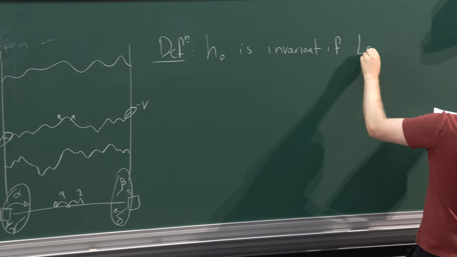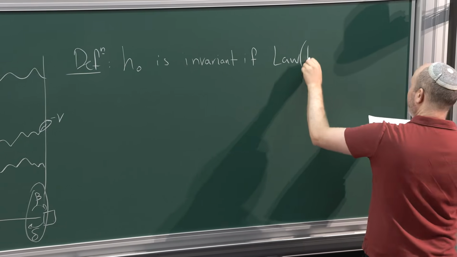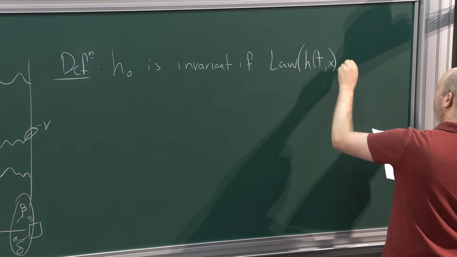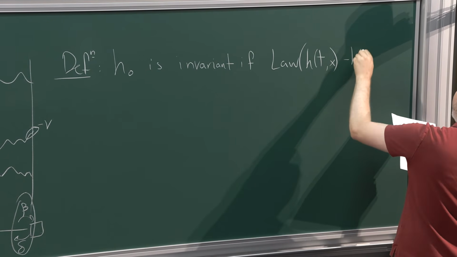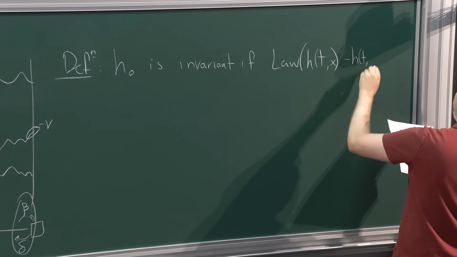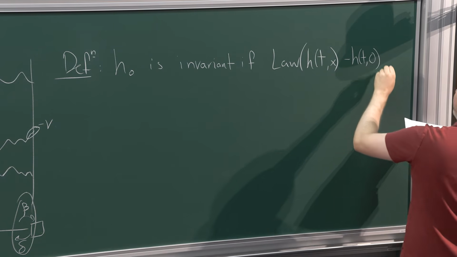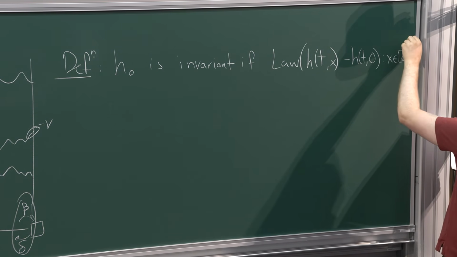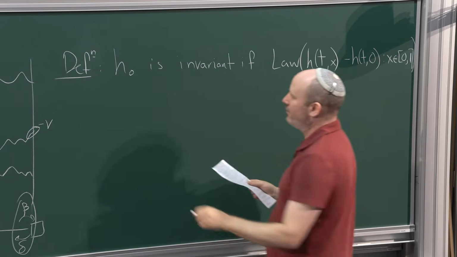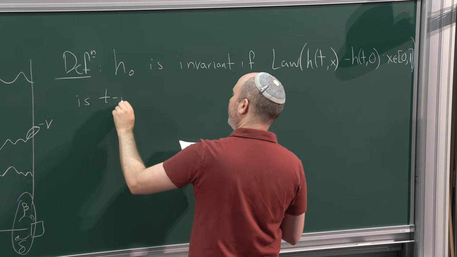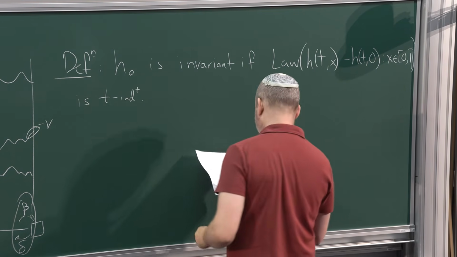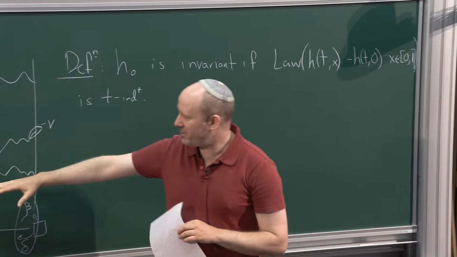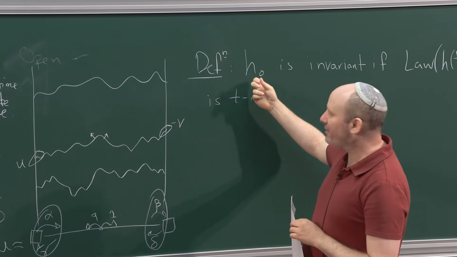If the law of the solution to the open KPZ equation for x in [0, 1] is t independent. Okay, so I start with an initial data, not deterministic, right?